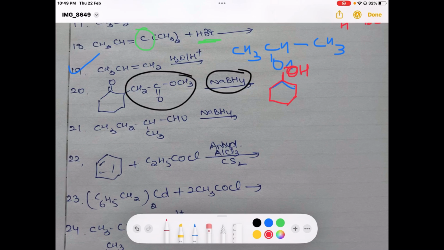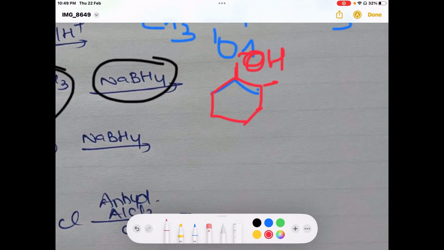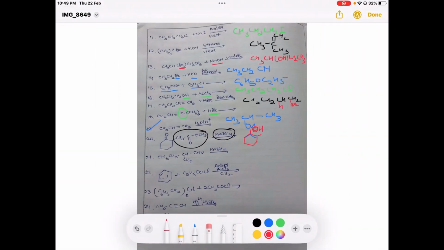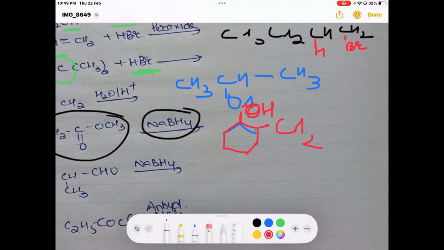And the ester part remains as such here, CH2CH2COOC2H5.